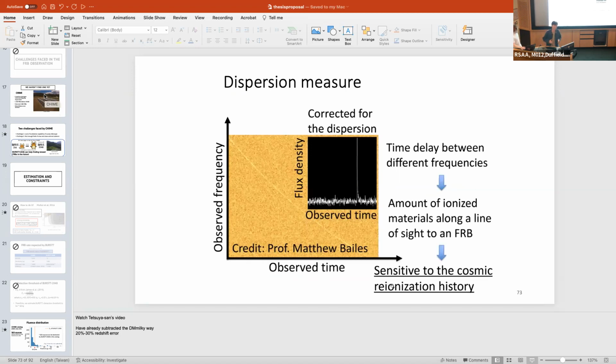I don't know a lot about FRBs, so maybe that's why I'm confused. What's the origin of FRBs such that we're able to use FRBs to measure dark matter?